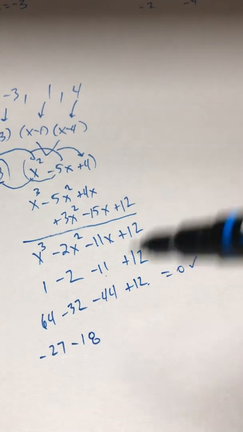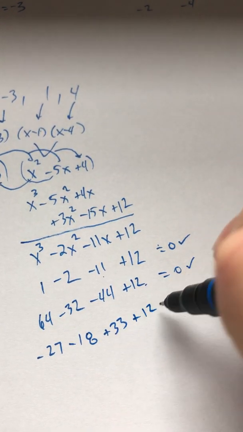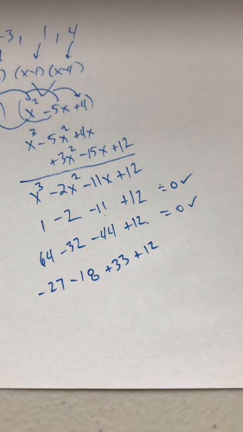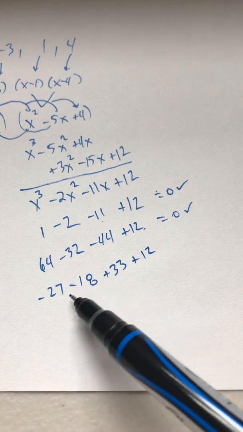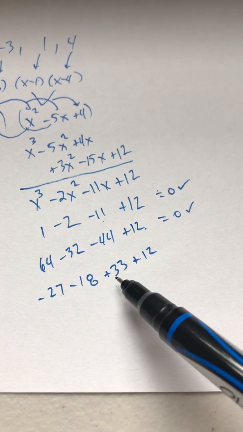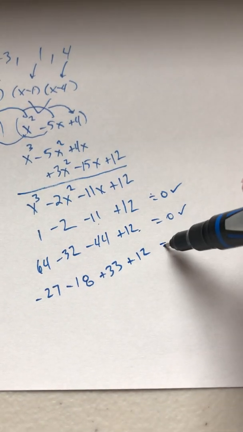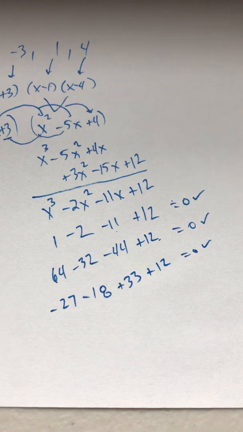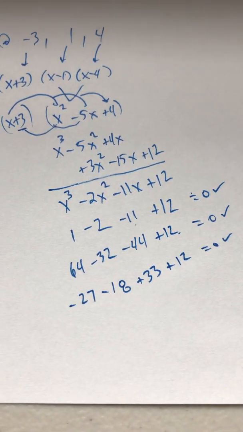Negative 3 times negative 11 would be a plus 33, and then this plus 12. So now if you do the math, negative 27 minus 18 is a negative 45. Negative 45 plus 33 is a negative 12, and negative 12 plus 12 does equal 0. So all three x values I plugged in gave me 0 for the answer, which is what should happen.